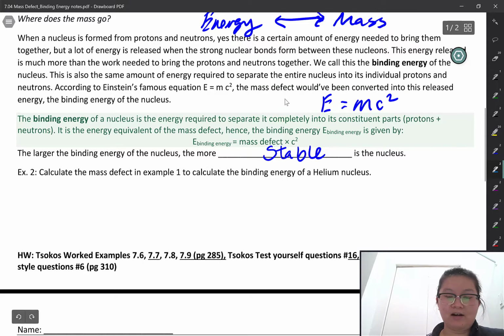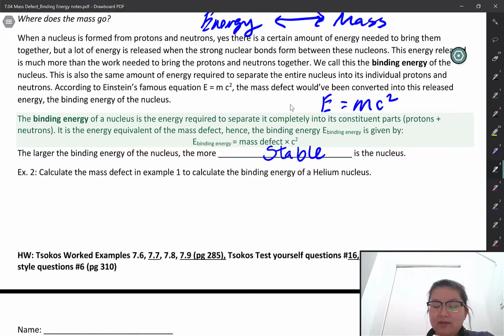In our case, for a helium nucleus, once the protons and the neutrons come together, some of that mass gets converted into this energy that holds that nucleus together. So if you want to break the nucleus apart and separate it into its protons and neutrons, the energy associated with the mass defect, which is the binding energy, is the amount of energy you actually have to put into the nucleus to separate the helium nucleus into the 2 protons and the 2 neutrons.